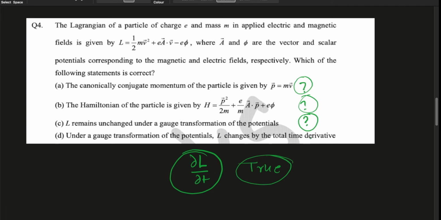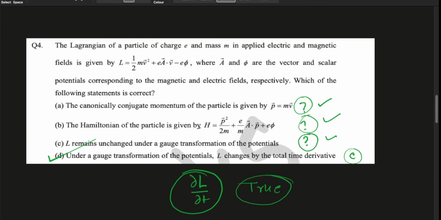Without any calculation, I don't know about options 1, 2 and 3, but I can say that option 4 is definitely correct. So I can just take option D and move on to the next question, so that we will be able to save some time.